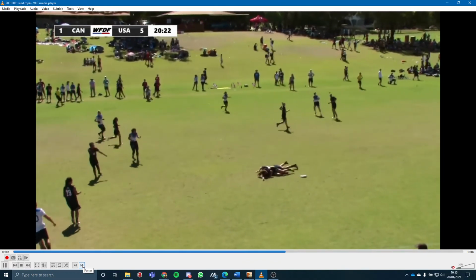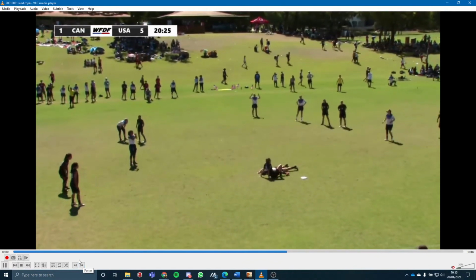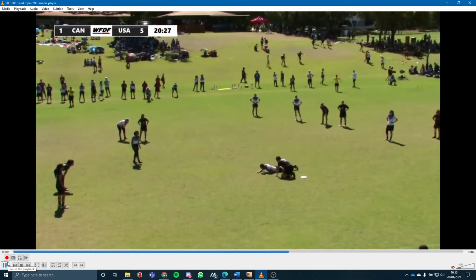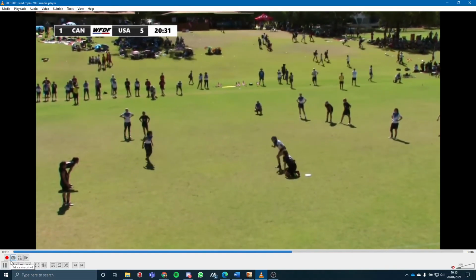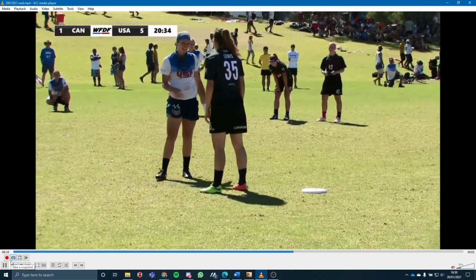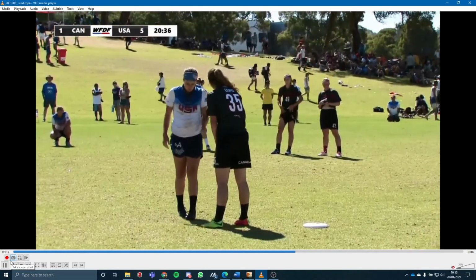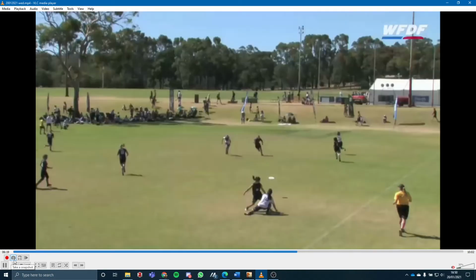And then a receiving foul. As an offensive player, you are receiving the disc and therefore it will be a receiving foul. It occurs when a player initiates non-minor contact with an opponent before, while, or after either player makes a play on the disc.